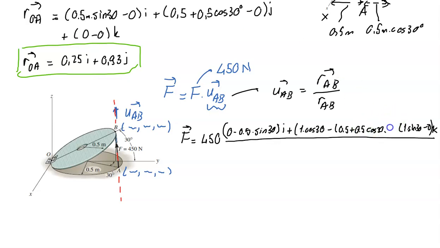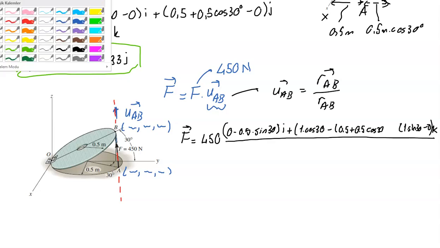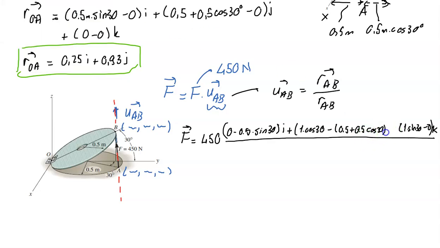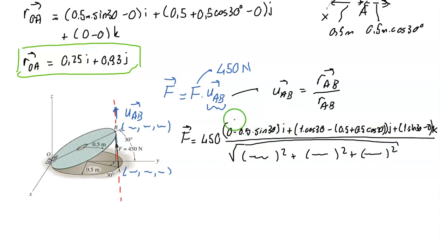And then you take the square root of the I value squared plus the J value squared plus the K value squared, which I've just written up here. That's the I component, that's the J component, and that's the K component. You take the square of them, add them up, and take the square root.